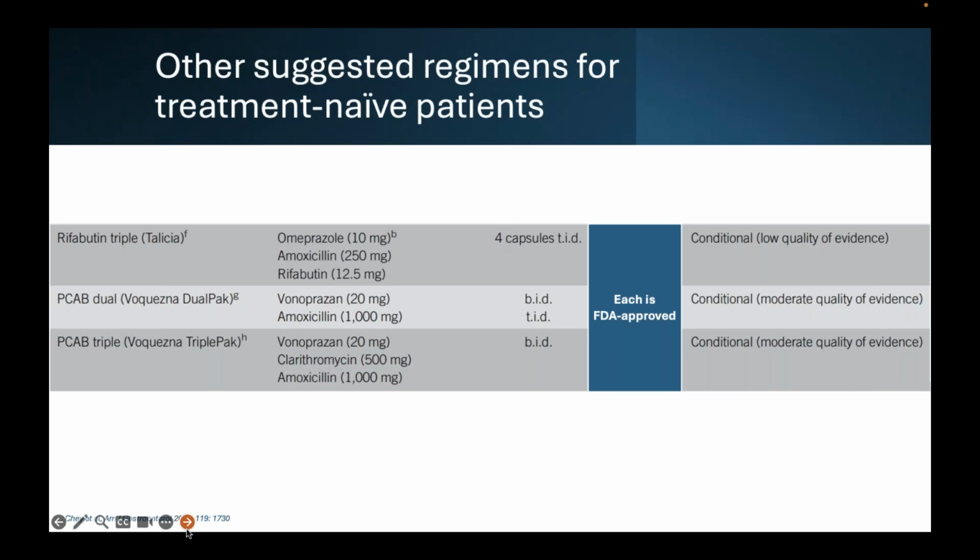And the other 2 were based on vonoprazan, which is marketed as Voquezna. Vonoprazan is the first PCAB, or potassium competitive acid blocker, to have been approved in the United States. The FDA has approved Talicia and the 2 Voquezna-based regimens, as you can see. One of the Voquezna-based regimens is a dual therapy with amoxicillin, and the other is a triple combination of vonoprazan, clarithromycin, and amoxicillin. Next slide, please.